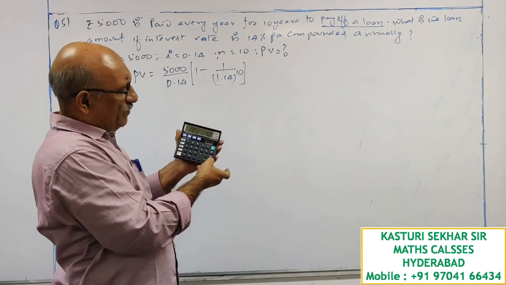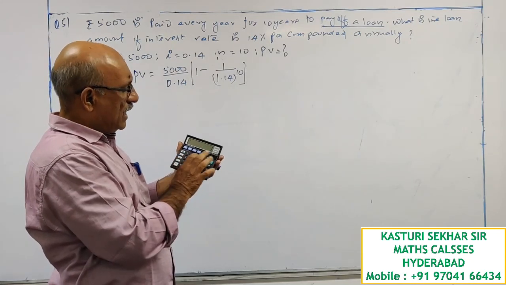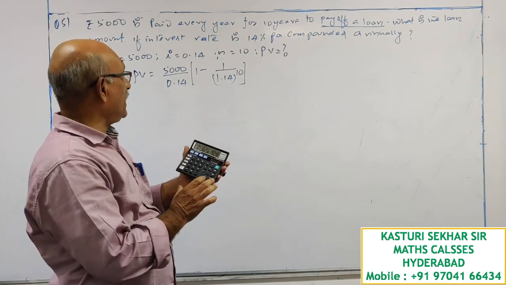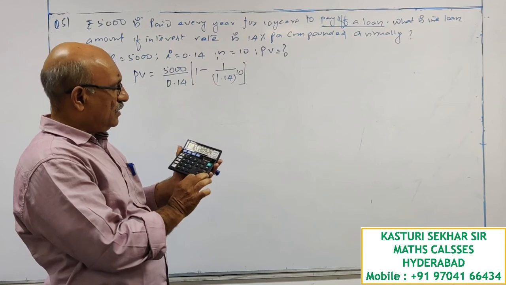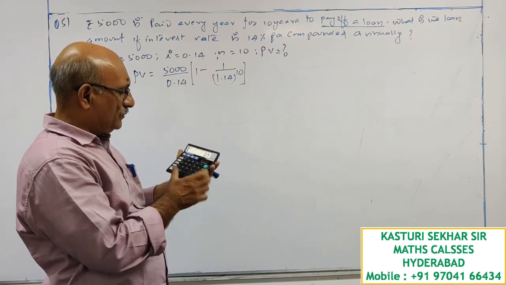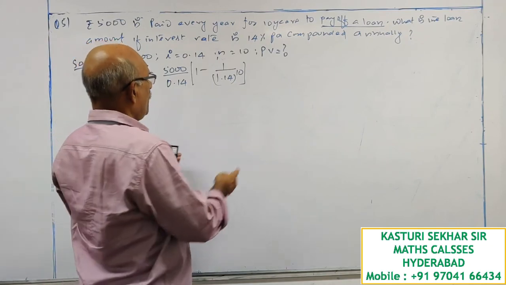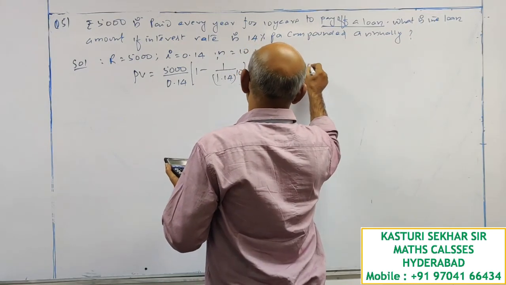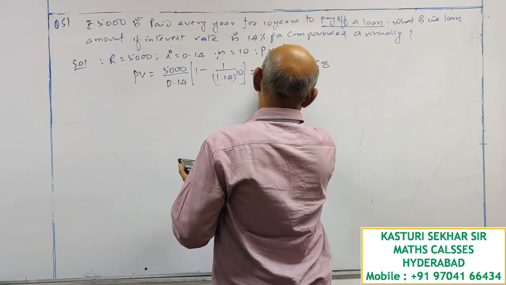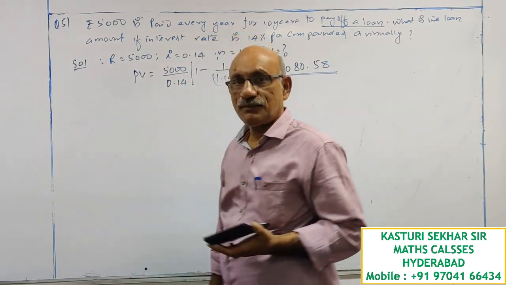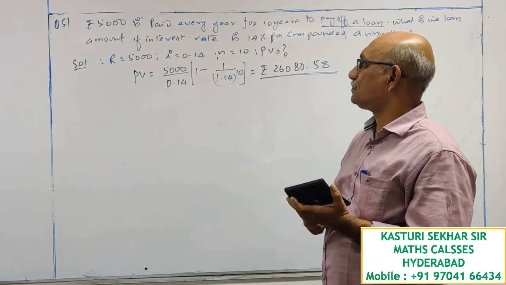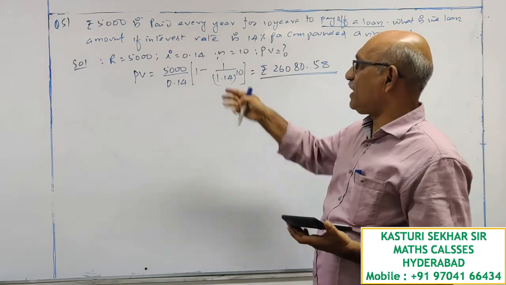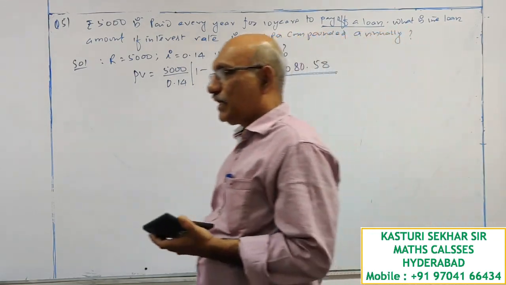That value you have to store in memory, M plus. 1 divided by MRC, minus 1, plus minus button, into 5,000 divided by 0.14. This is the loan value. Present value of the loan is 26,080.